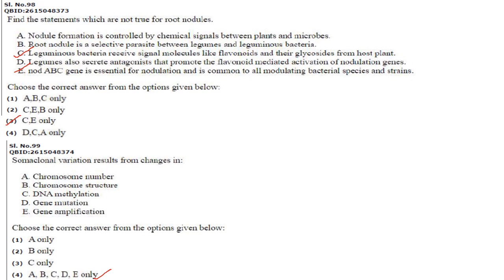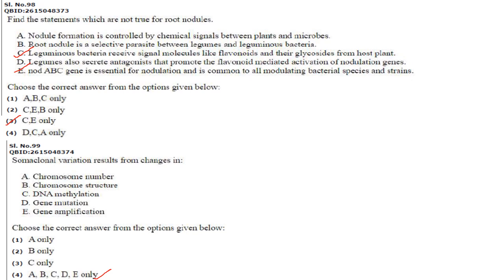Root nodule is a selective parasite between legumes and leguminous bacteria. Yes. Leguminous bacteria receive signal molecules like flavonoids and their glycosides from the host plant. Which are not true for root nodules.